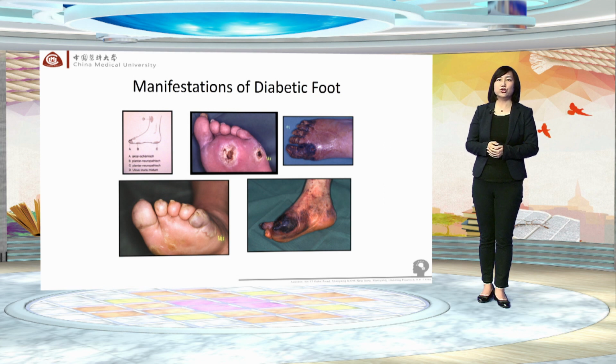The examination should include inspection of the skin, assessment of foot deformities, neurologic assessments, and vascular assessments including pulses in the legs and the feet. Patients with symptoms of claudication or decreased or absent pedal pulses should be referred for ankle brachial index and for further vascular assessment as appropriate.